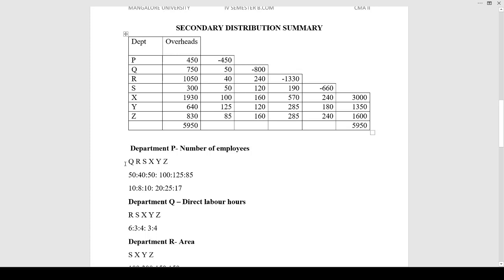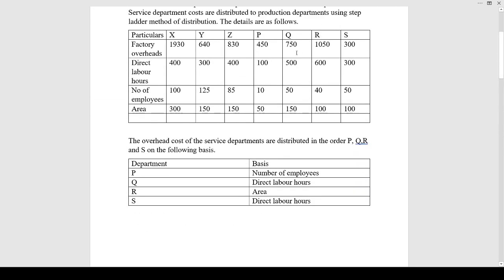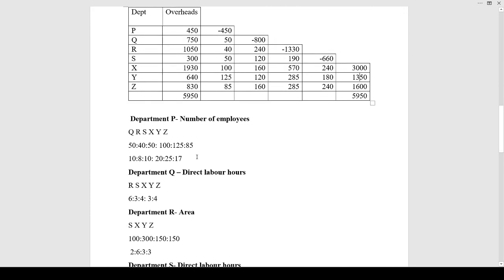So we have to be very careful while determining the ratio. Why? Because in the problem the order is given this way X, Y, Z and then P, Q, R, S, whereas now we have written it as Q, R, S then X, Y, Z. So you will have to be careful while writing the ratio.